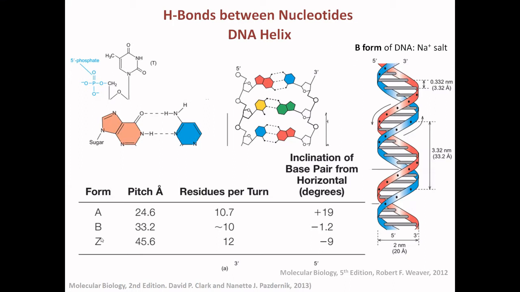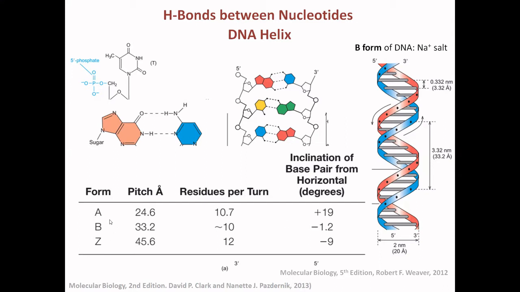So in this B form, the length we already discussed, 33.2 angstrom. There are almost 10 nucleotides per turn of the helix, and the inclination of base pair from the horizontal is minus 1.2 degree.